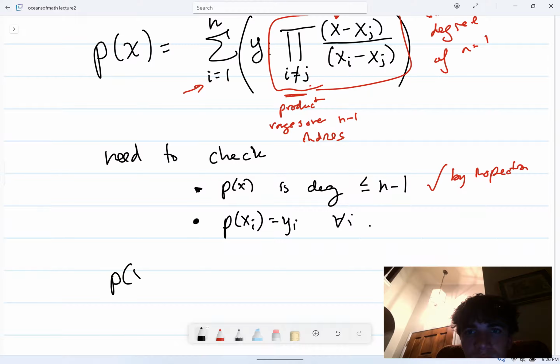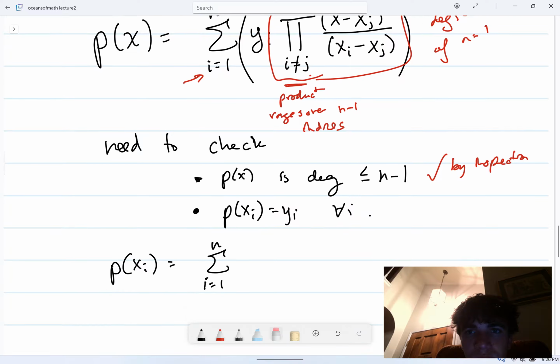And so if I plug in xi into P, I'm going to get the summation from i equals 1 to n. And now the indices are a bit confusing because I'm using i too many times. So let me write the index that we plug in as k, and that'll become apparent later.